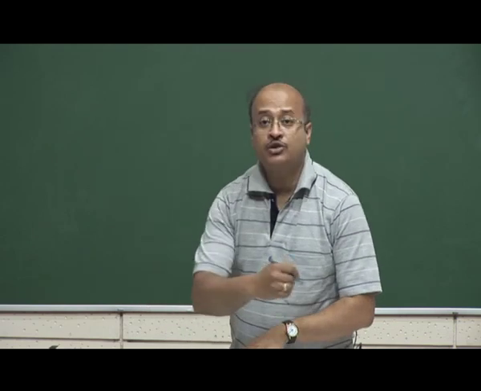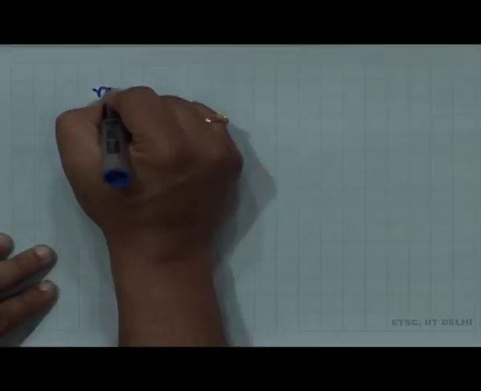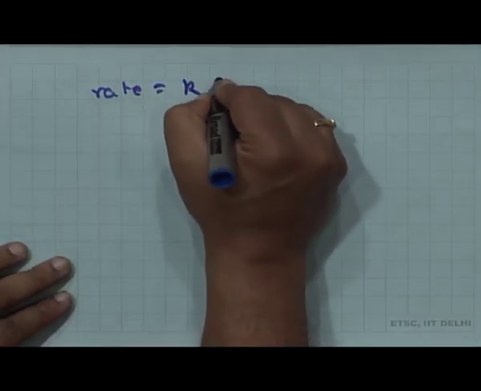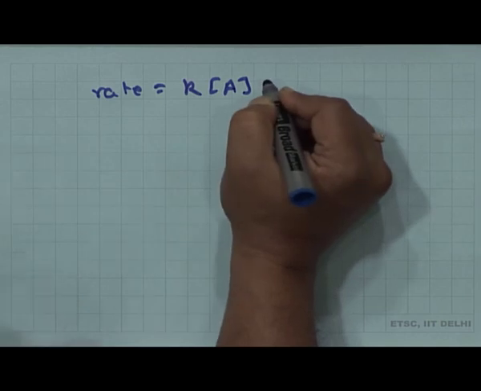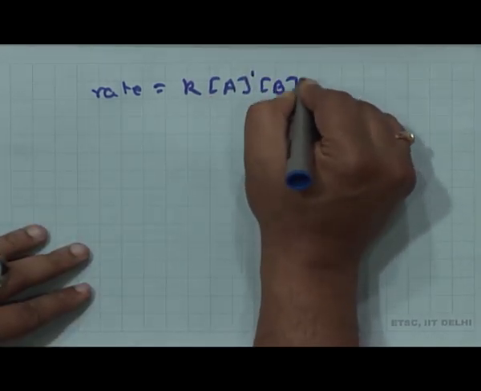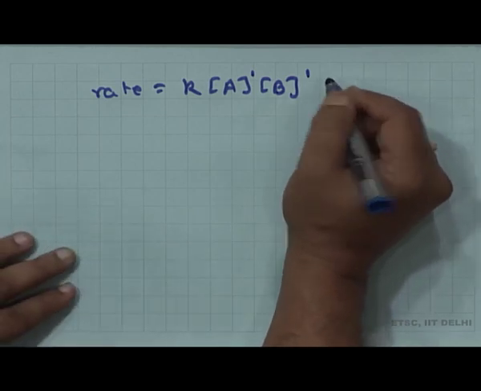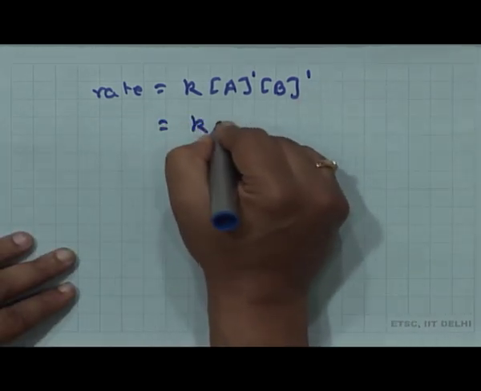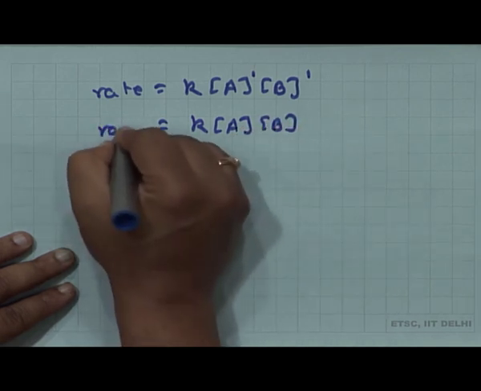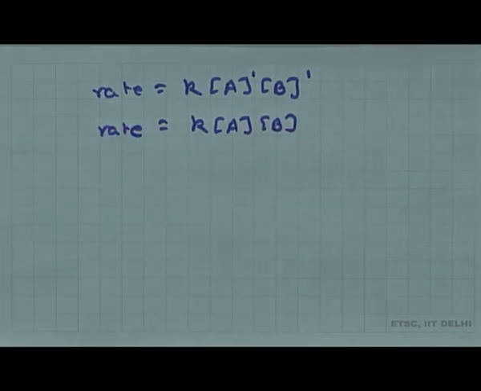So, based on our previous discussions, I can write the rate of the reaction is equal to K times concentration of A raised to the power 1 times concentration of B raised to the power 1, both being first order. So, you can write K [A][B], this is the rate.